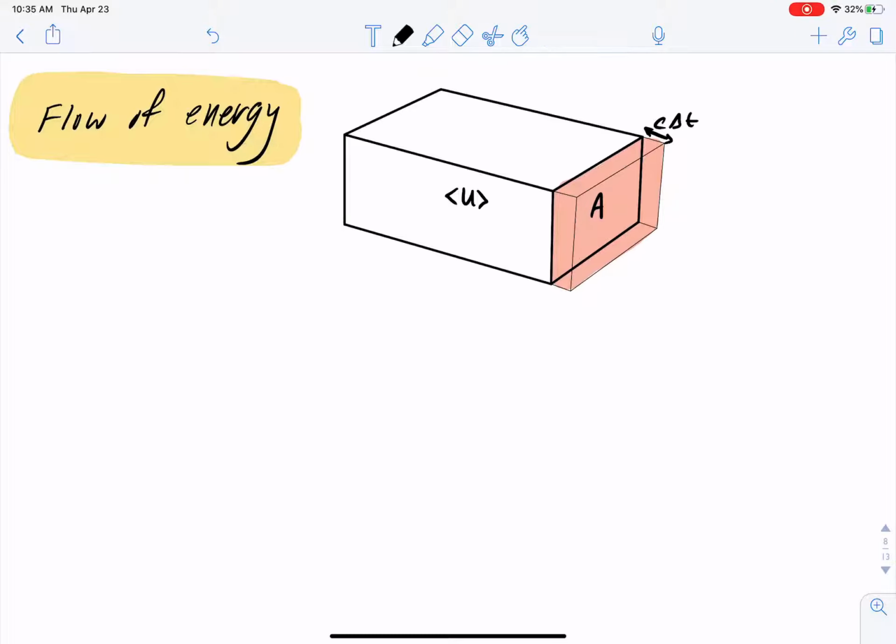So the energy in this pink volume here is the energy density times the volume. Now that volume is the area times the length of the box.